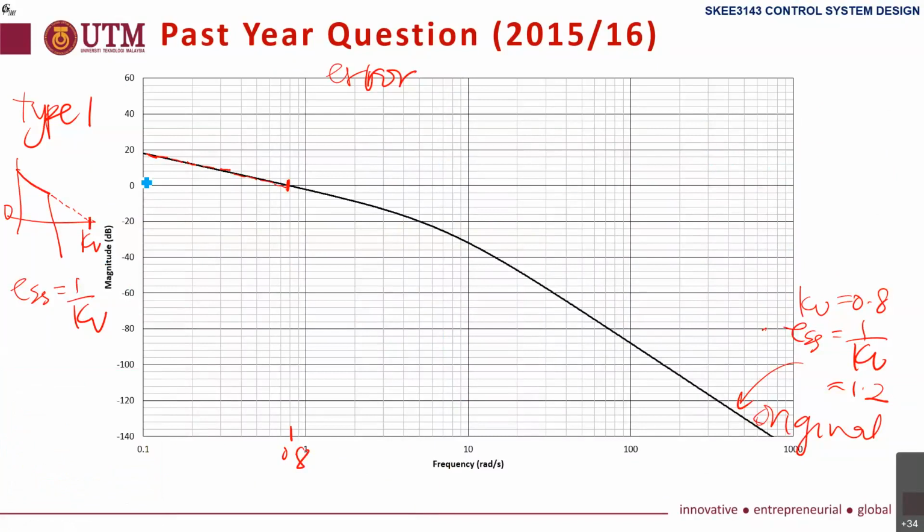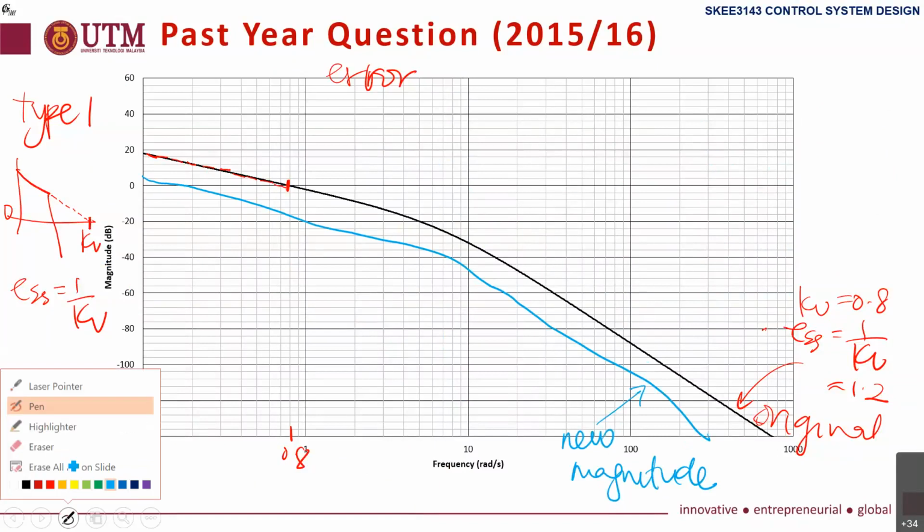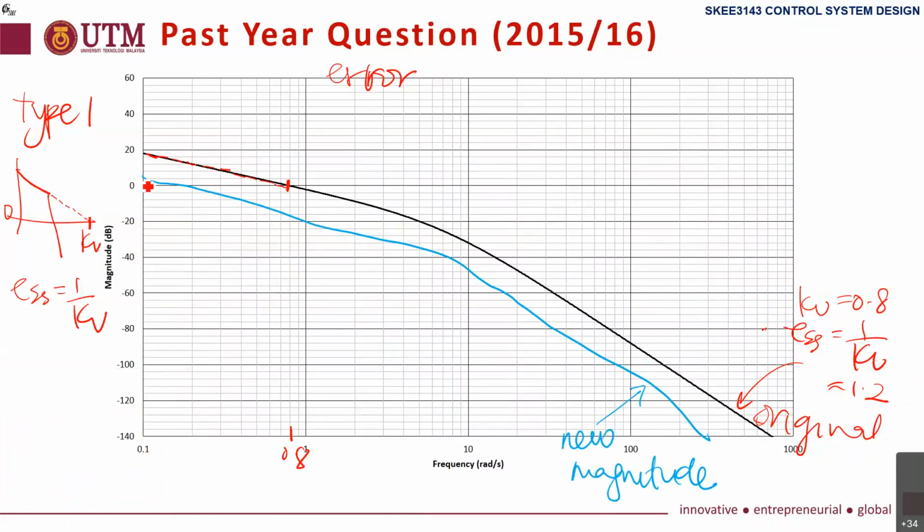This is not that accurate, but we need to reduce like this by 12 dB. So what happened when we make a new magnitude? I can again calculate kV.